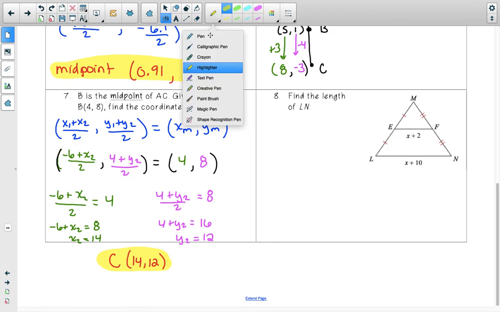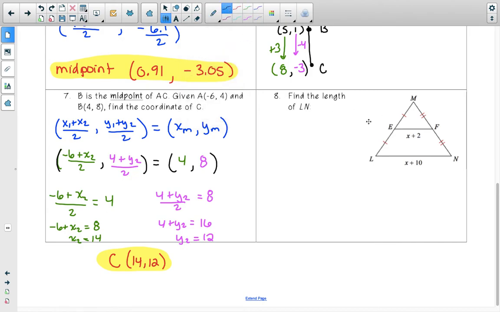So we can state that the length of EF is equal to half of the length of LN, the third side of the triangle. So we would substitute our expression for EF, which was x plus 2, is equal to half of the expression of LN, which is x plus 10.